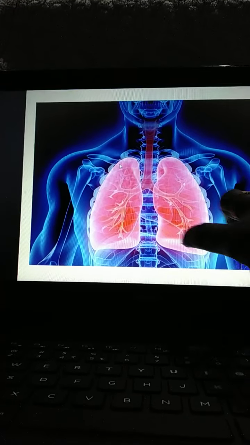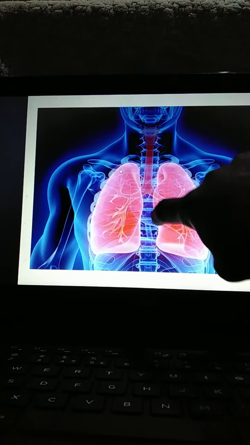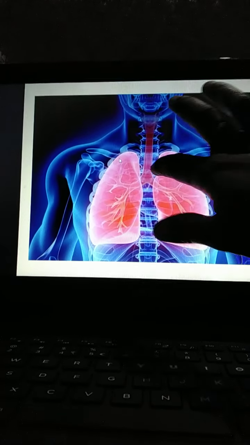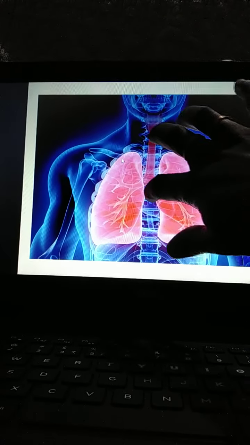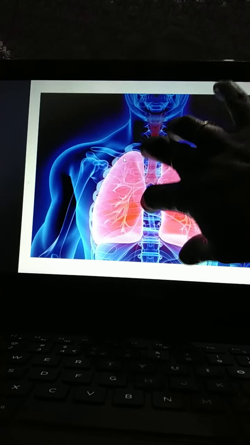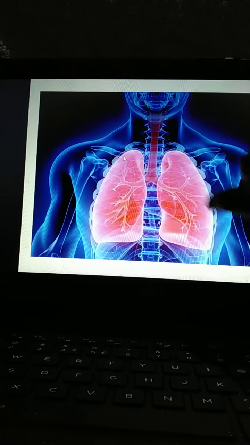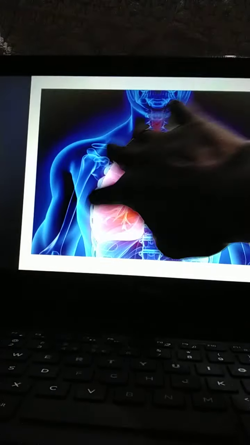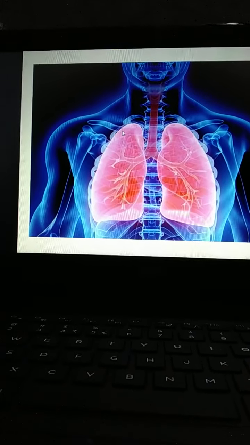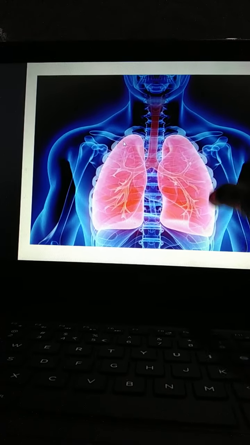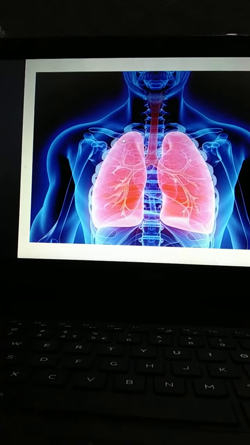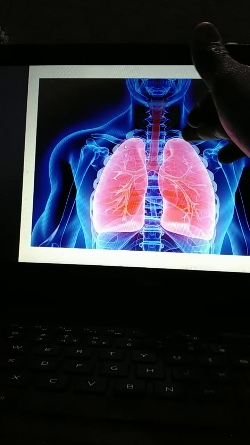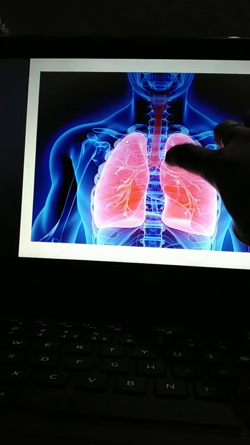Then this one is the medial surface, the one present just against the mediastinum. This one, the convex structure present at the lateral side, towards your rib cage, is called the costal surface.